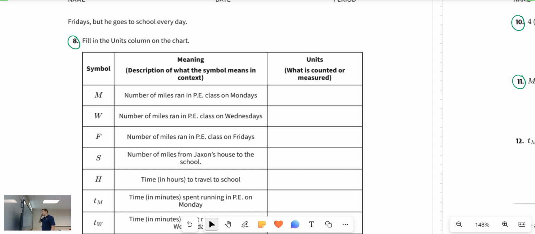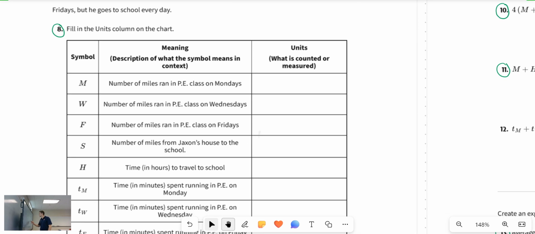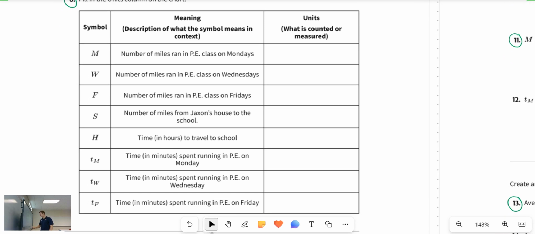All right, fill in the units column on the chart. Okay. So units are just what is being counted or measured. So on our first, our symbol is M, and that's the number of miles ran in PE class on Mondays. So that's the number of miles. So we're going to write down miles over here.